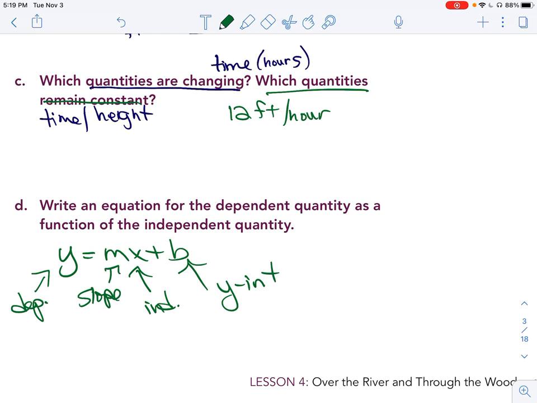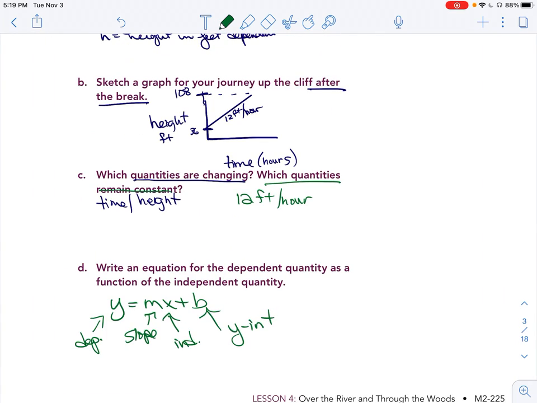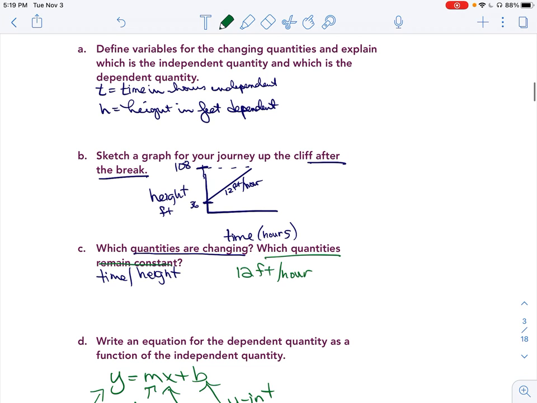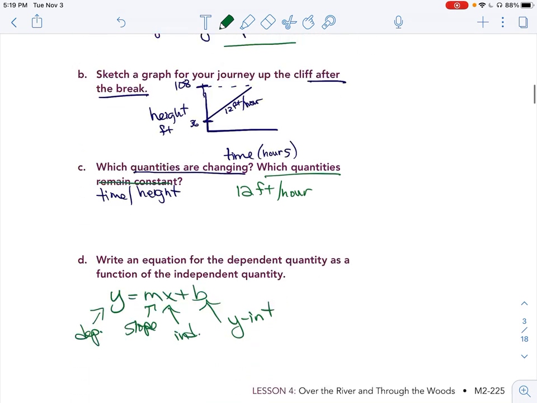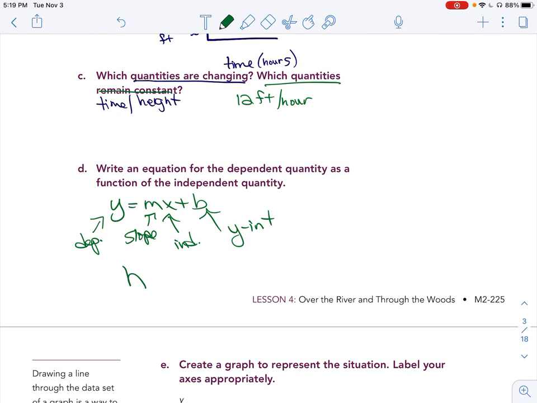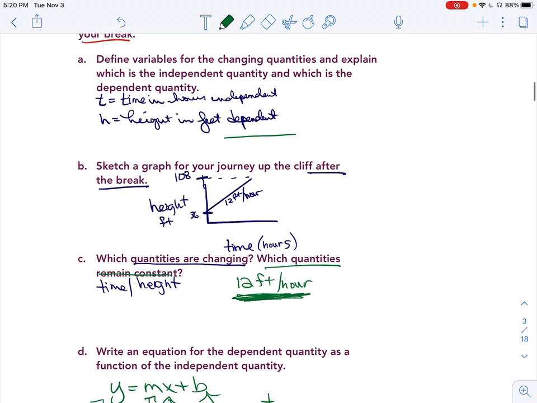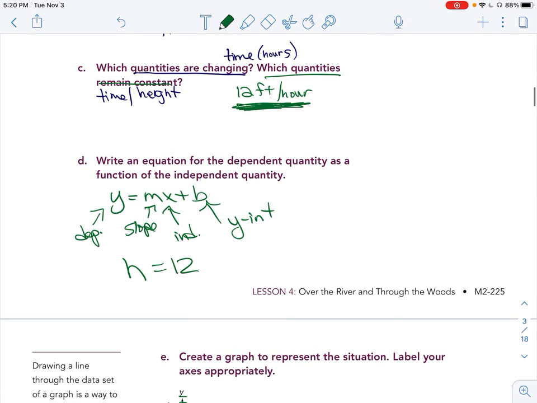So on this one, instead of my dependent being y, it's h. So that means we're going to have h equals my slope, 12 feet per hour. So 12. Instead of x, my independent is time. It's t. Plus, where did I start off at? At 36 feet.